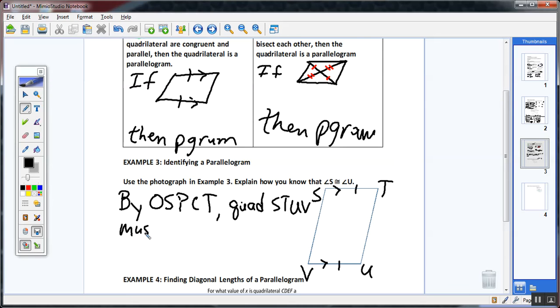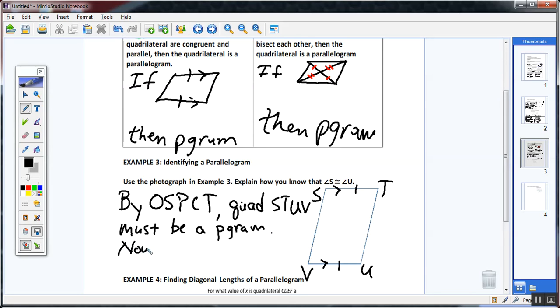Parallelogram. Okay, so we've confirmed first of all that this is a parallelogram. Now, since it is a parallelogram, we can say by the parallelogram opposite angles theorem, or POAT, S must be equal to what? Does that make sense? Yes.